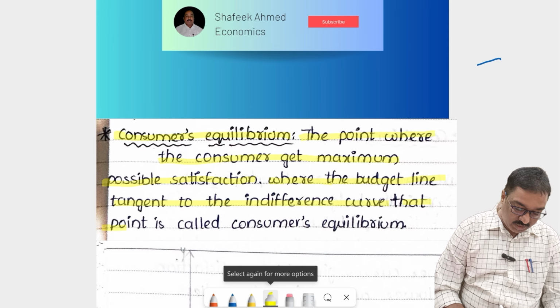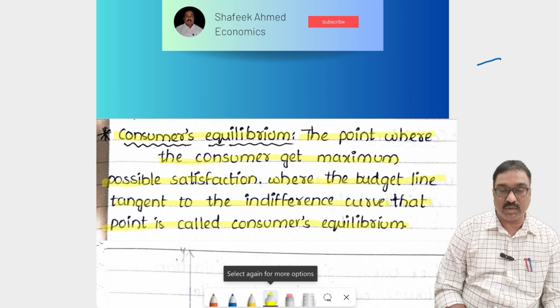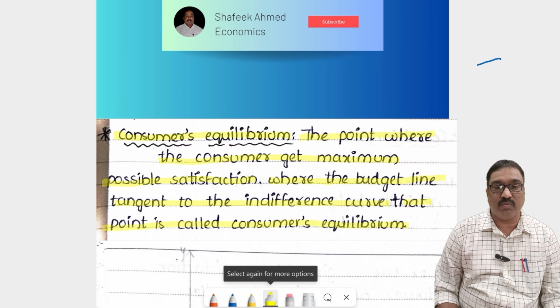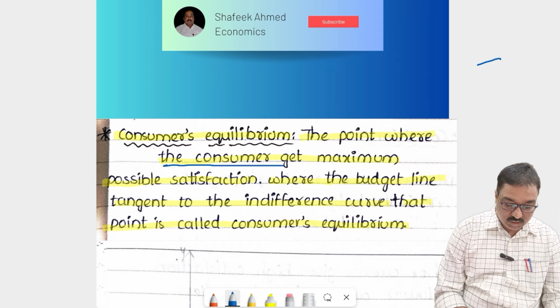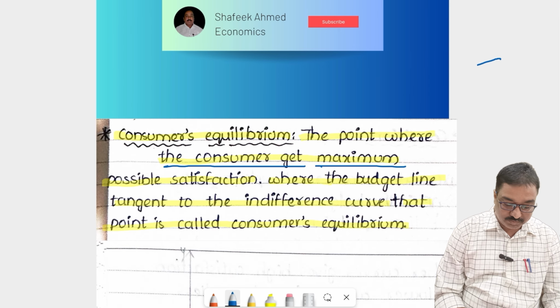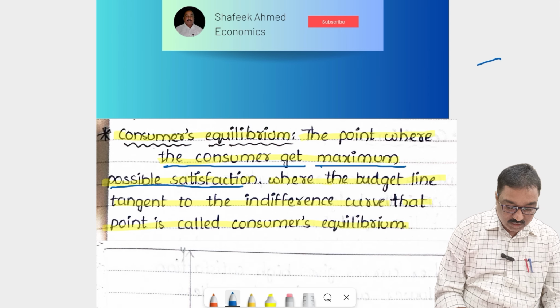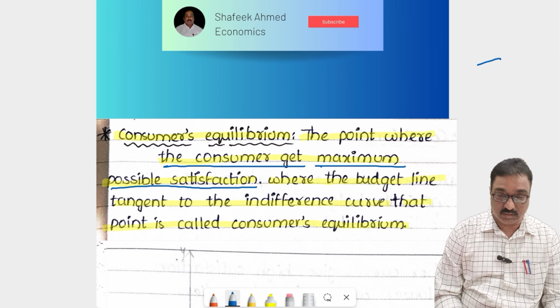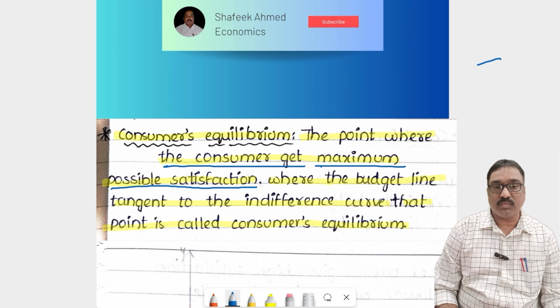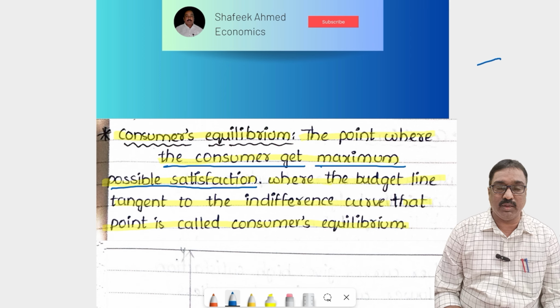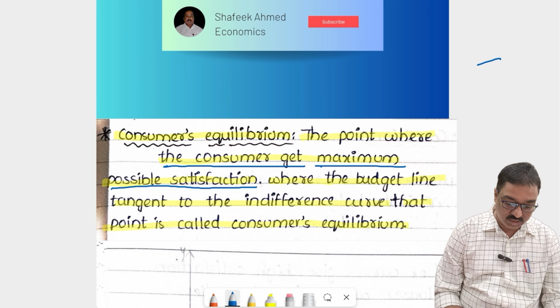That point is called the consumer's equilibrium. This is the definition. Everyone please remember that the consumer gets maximum possible satisfaction. Consumer is a rational person. Every time he wants to get the maximum satisfaction.